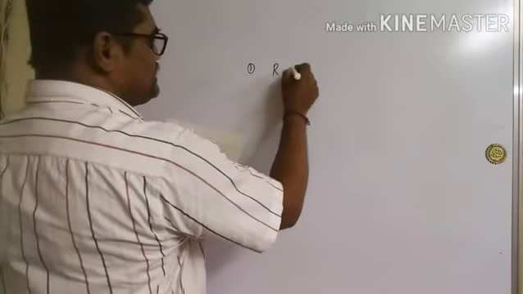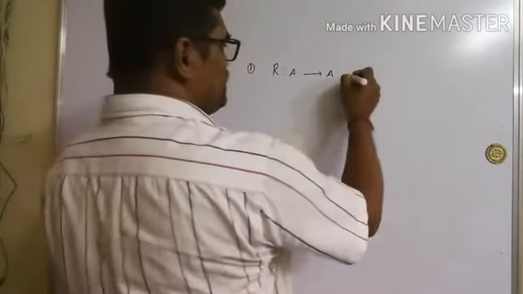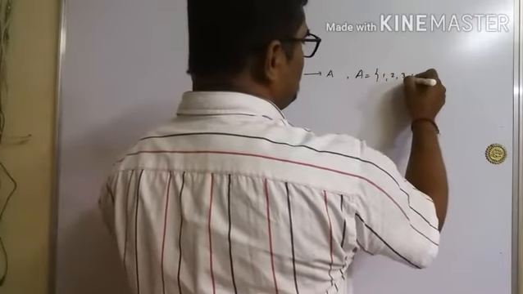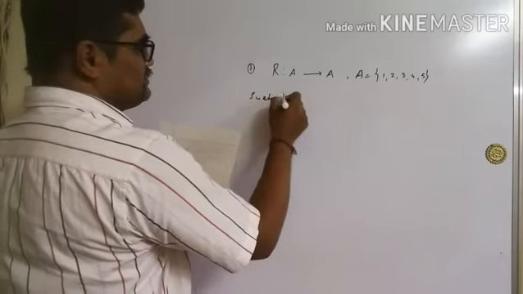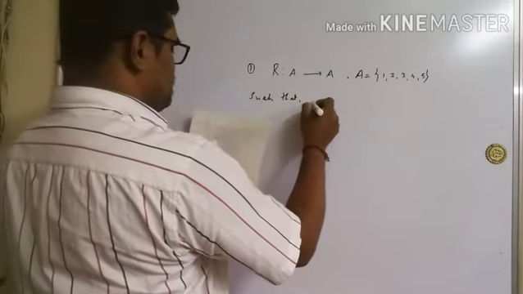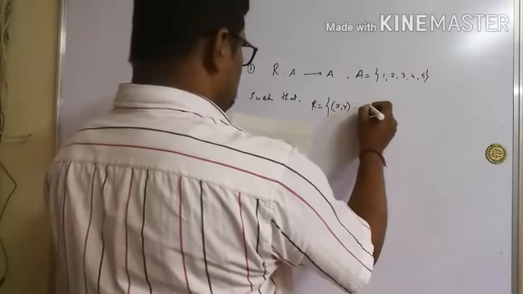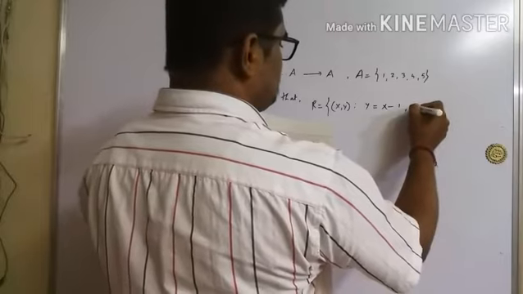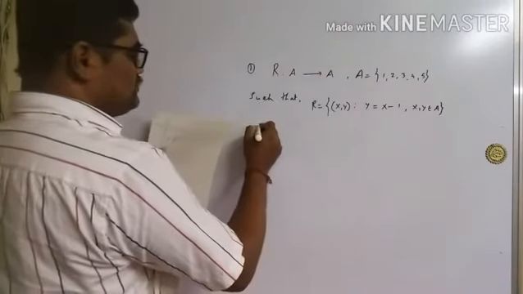So R is a relation from A to A, where A is the set {1, 2, 3, 4, 5}, such that R = {(x, y) : y = x - 1, x, y belongs to A}. Then you have to find this.